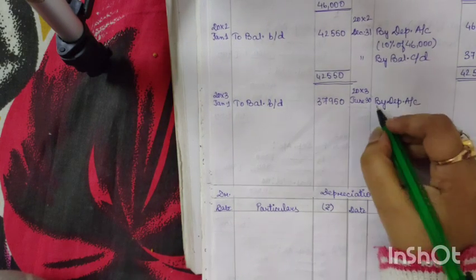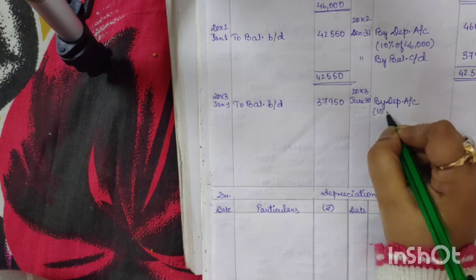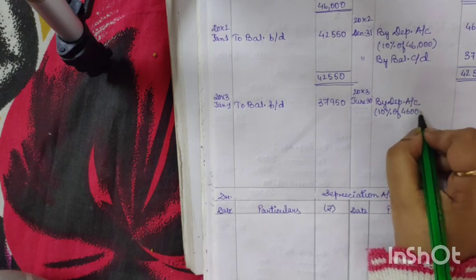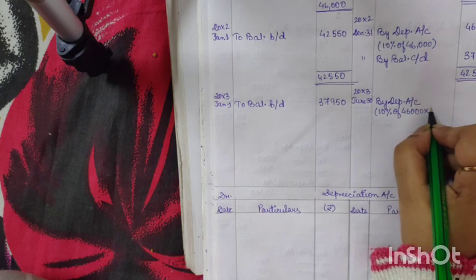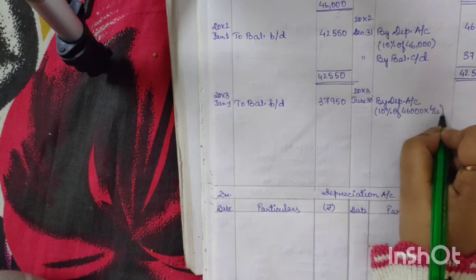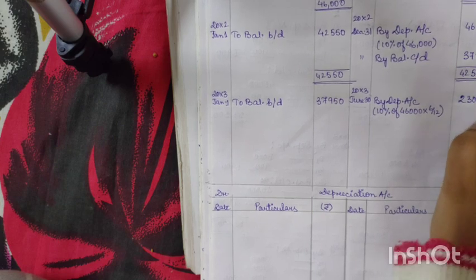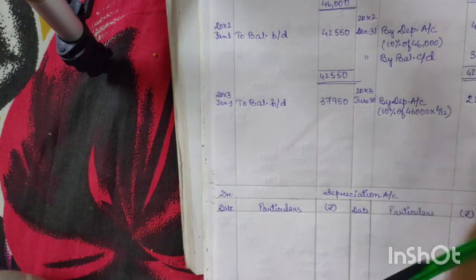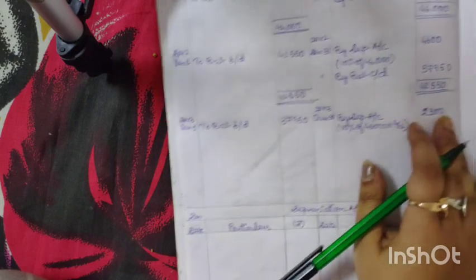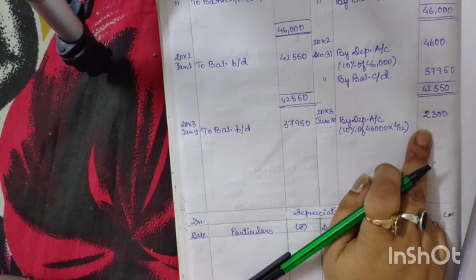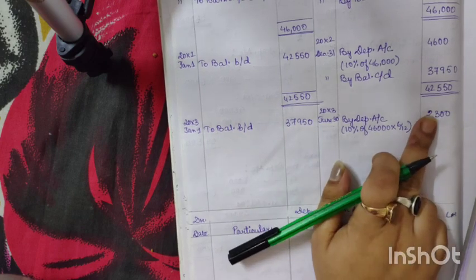So here we will write by depreciation again, 10% of 46,000 into 6 by 12. So it will be 2,300. So the depreciation for this year, means for 2003 on plant, will be 2,300.